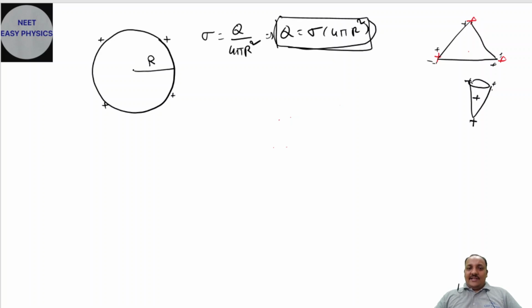Now what is the electric field produced by this conducting sphere at some distance? Totally we will have 3 points: one is outside, one is on the surface, another one is inside. So first we will take outside.